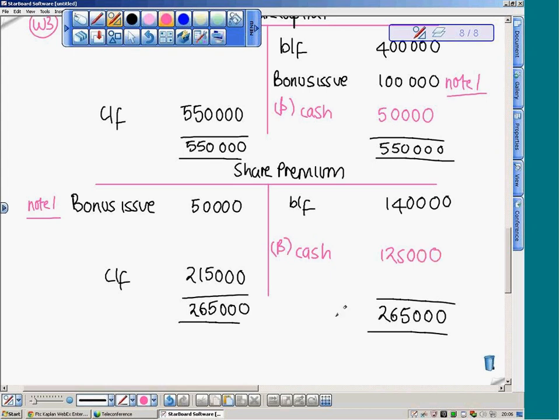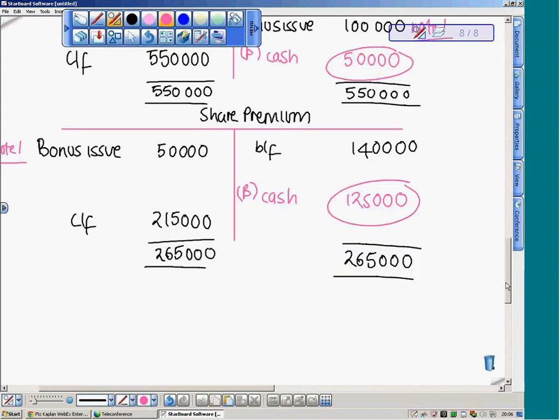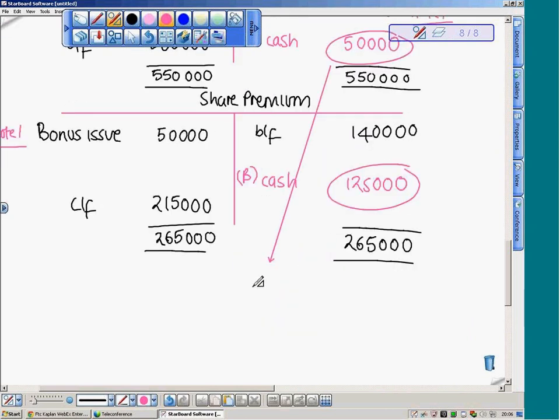Remember from accounting that when you make a share issue, you take part of the number, the nominal value, to share capital, the excess is the premium. It is the summation of the two which gives you your cash entry. So if we say the two together, well, I've drawn a nice little arrow for us. We have total cash movement 175. Okay, 175,000 there, I'm abbreviating the K there.